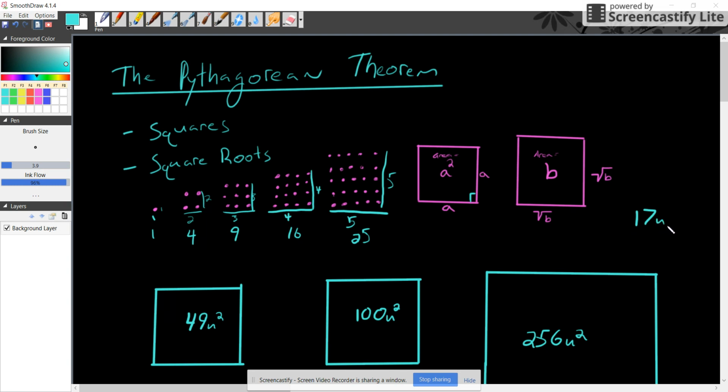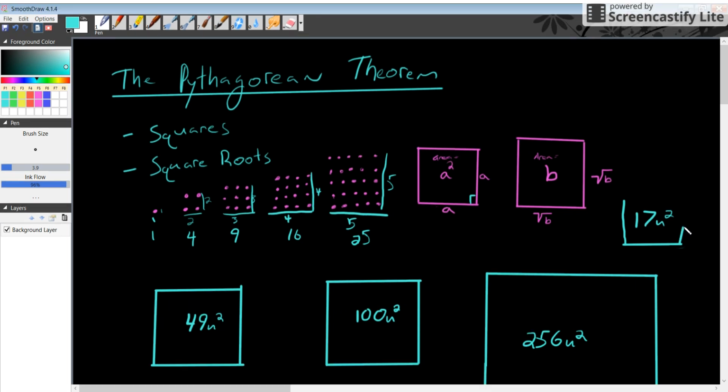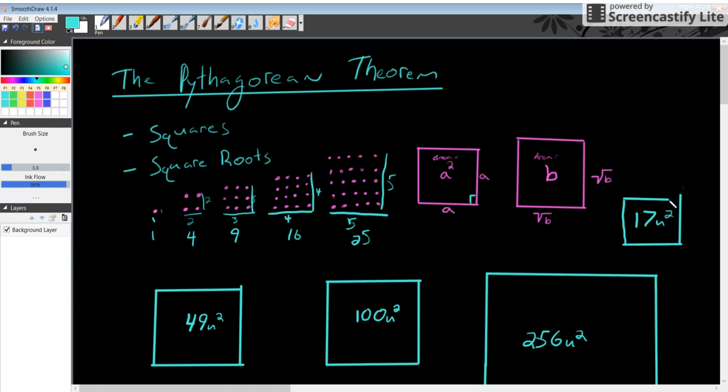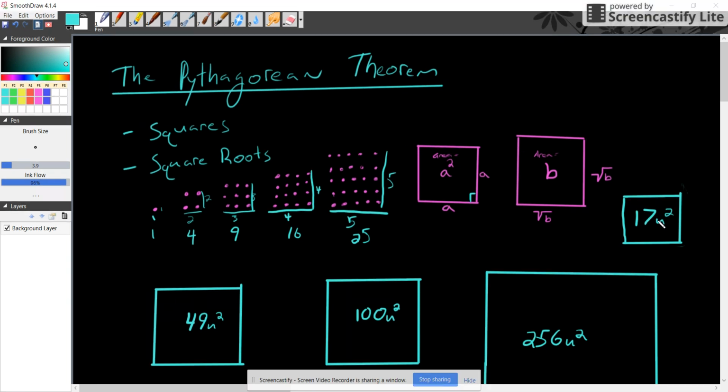If I had an area of 17 units squared, I could still have some square where my area is 17 units squared, and what would the side length be? The side length would be the square root of 17, and that's not a perfect square. It's going to be slightly above 4. As we know, the square root of 16 is 4, so it's going to be slightly above 4. We can know the side length. The square root of 17 is a real number.